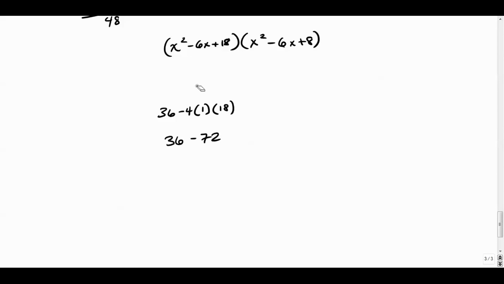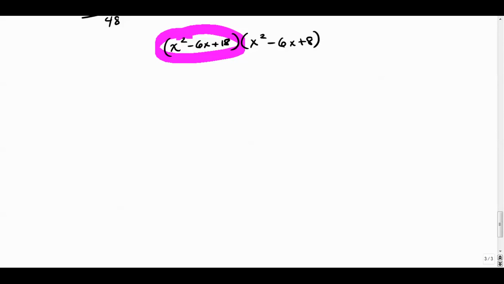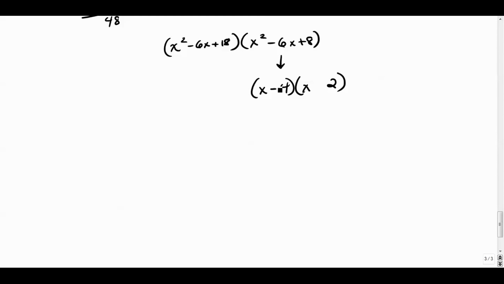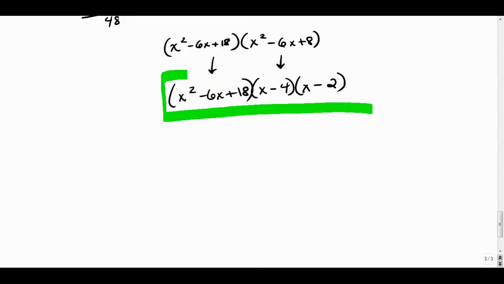So that's one way of quickly determining what kind of solutions a quadratic has and how many. Can this thing be factored? Let's see, x and x, 4 and 2, minus and minus. That looks good to me. And I'll just bring this down. And I'm finished. That's the complete factored version of my original.